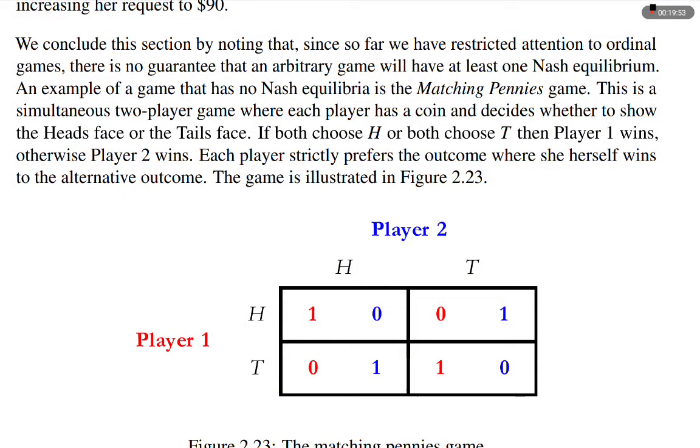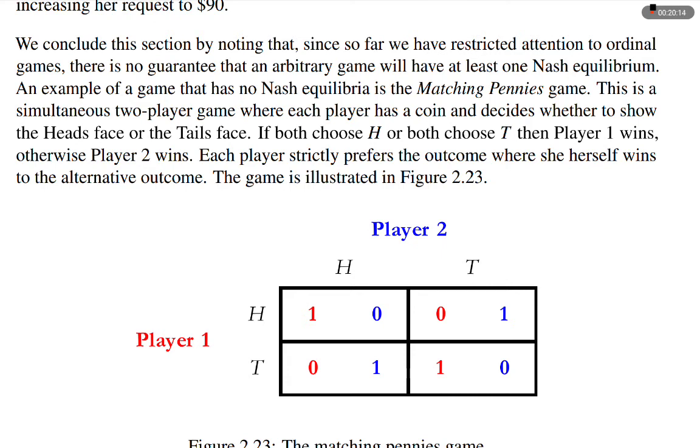We conclude this section by noting that, since so far we have restricted attention to ordinal games, there is no guarantee that an arbitrary game will have at least one Nash equilibrium. An example of a game that has no Nash equilibria is the matching pennies game.